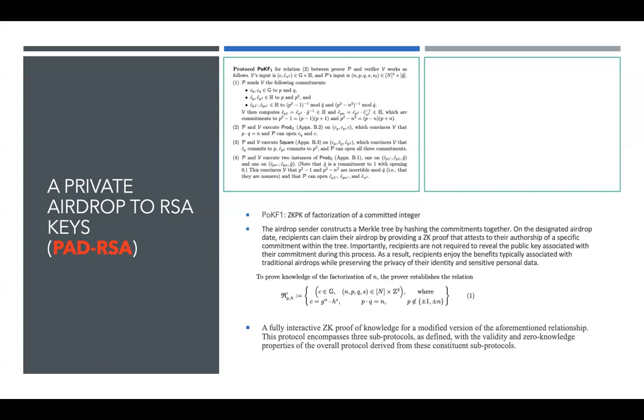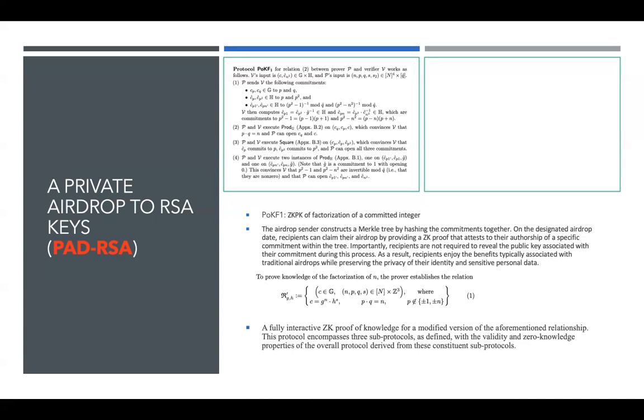Importantly, recipients are not required to reveal the public key associated with their commitment during the process. As a result, recipients enjoy the benefits typically associated with traditional airdrops while preserving the privacy of their identity and sensitive personal data. To facilitate the verification process, the prover must demonstrate knowledge of factorization in an RSA system based on the commitments, as shown in the slides.